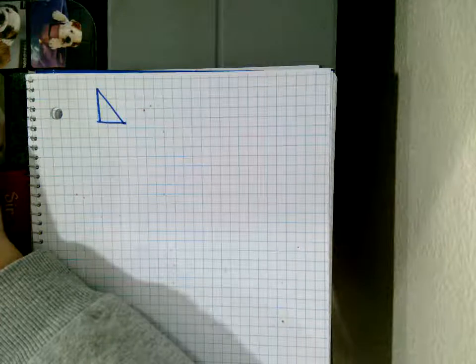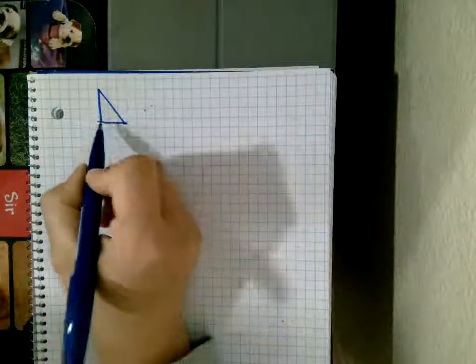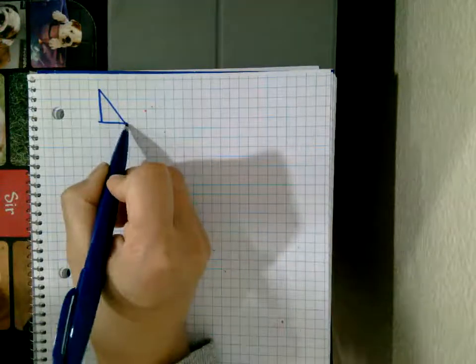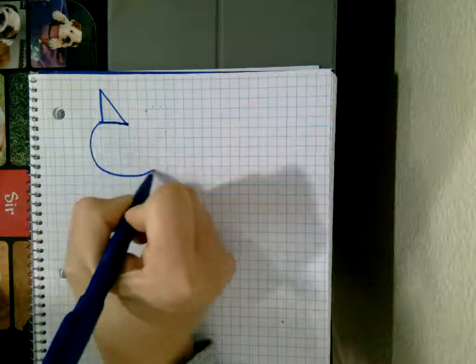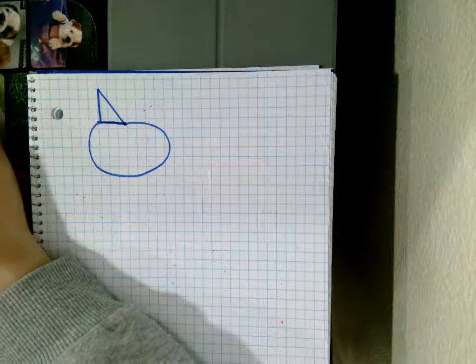Okay, how do they look like? Wait, sorry. Okay, I'm gonna copy this. Oh wait, oh gosh. It's a half a circle.